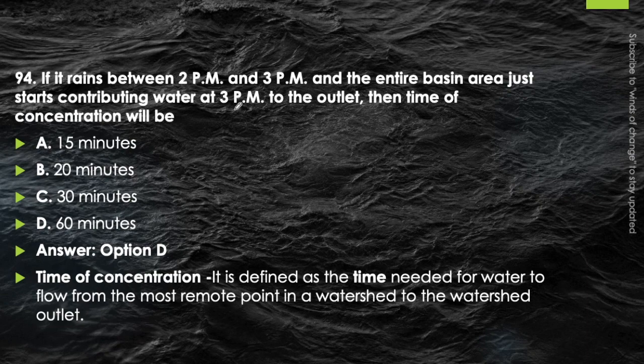If it is said that the entire area starts contributing at 3 p.m., that means the time taken by the water from the farthest point, the most remote point, is 1 hour, from 2 p.m. to 3 p.m. So that is why 60 minutes will be the correct answer.